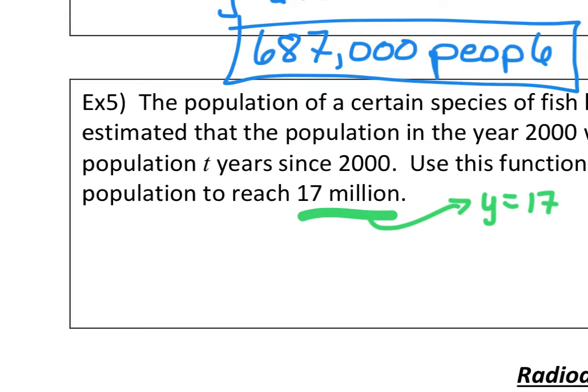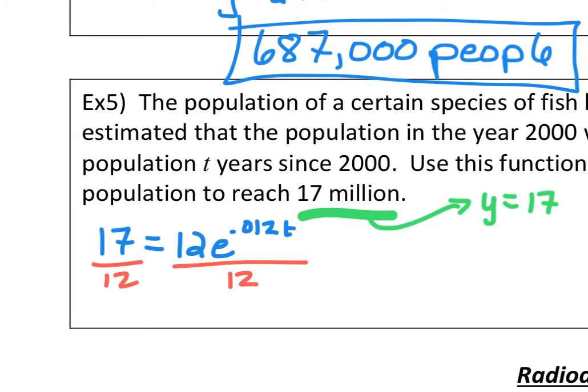So it's going to be 17 equals 12 times e to the kt, and k we said is 0.012, times t, which is what we're solving for. Again, you want to get the e by itself, so divide both sides by 12.